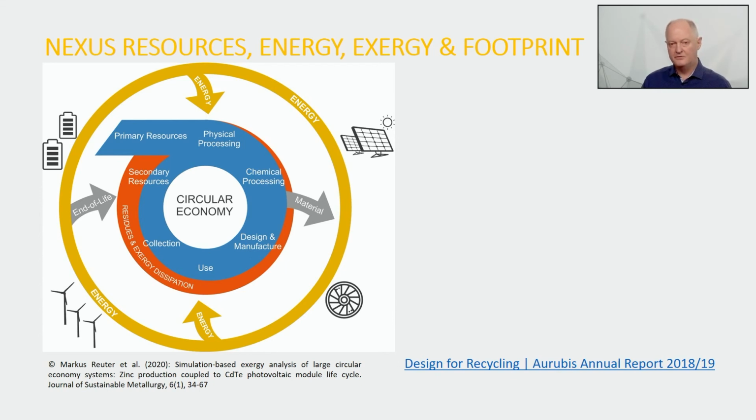But very clear from this, if we're looking at the design for recycling, we have to consider this whole figure and also understand the entropic and therefore exergy dissipation from that system, which is the orangey-red band at the outside. And if you look carefully, it's a bit of a spiral.